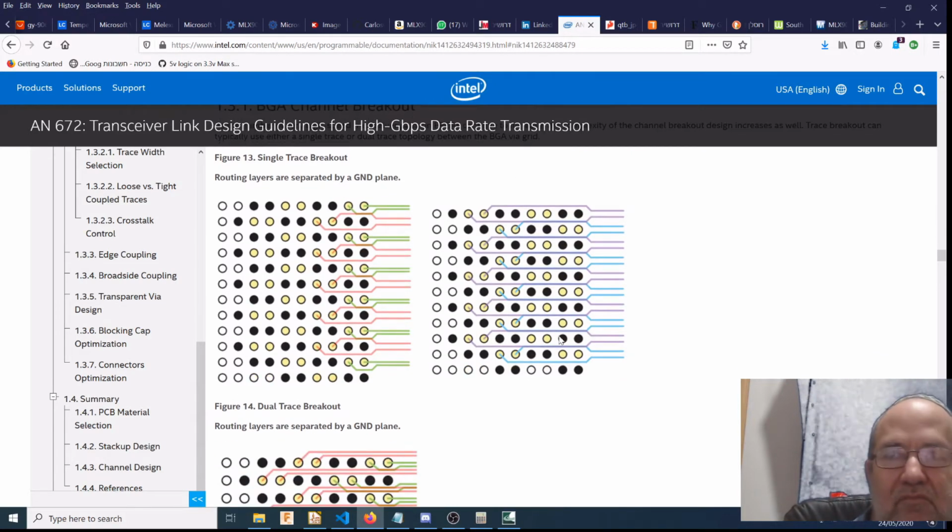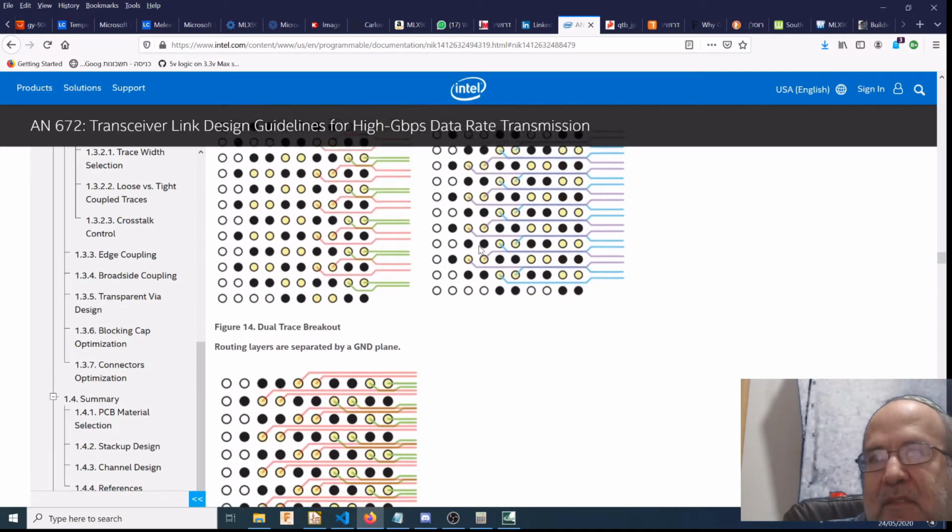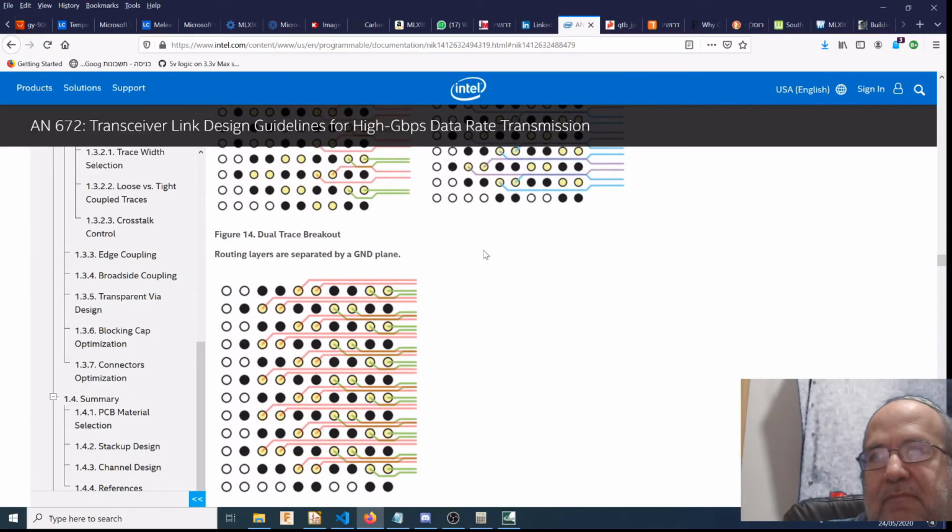Okay, so one can see over here the way it's drawn that you've got your first two, second two, third two, and fourth pair. Okay.